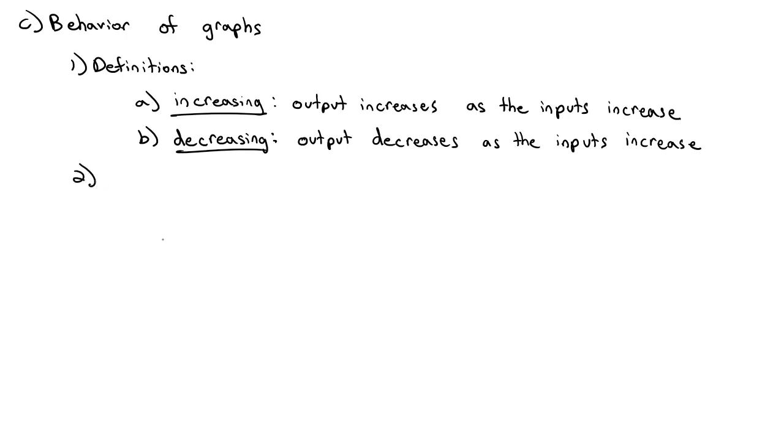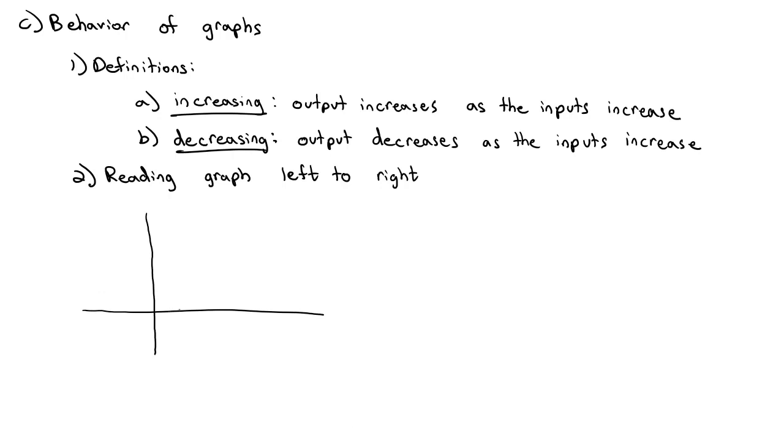We can identify increasing and decreasing areas on a graph very quickly by reading the graph from left to right. Let me show you what I mean by this. I'm going to draw a little graph here.